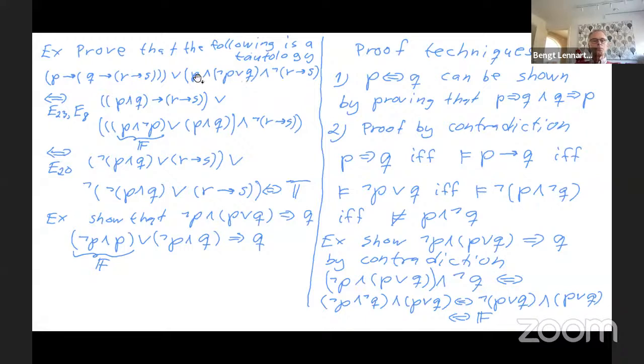And then we take P and not P, or P and Q. That is exactly what we show here. So now I have evaluated that part.